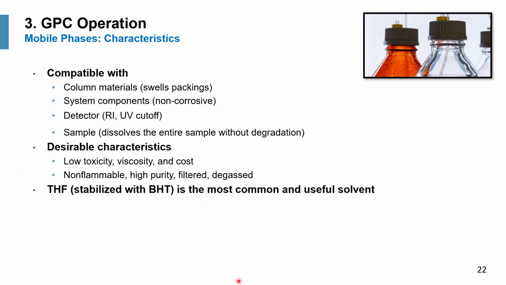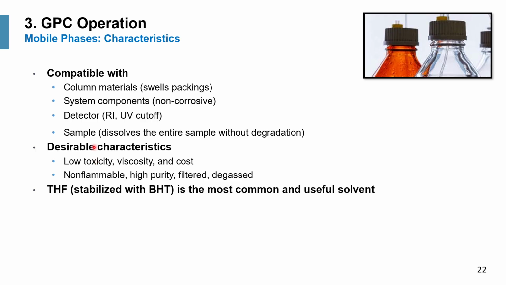Some comments on GPC operation and mobile phase characteristics. The column material must meet some requirements. The system components cannot be corroded by the mobile phase. Detector is typically UV or refractive index.